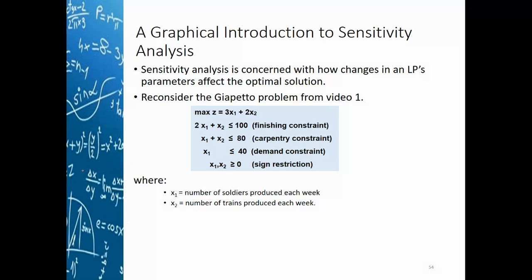So we upgrade our solution method by using software. I will highlight the software solution in the next video, but for the time being we just focus on the graphical solution.